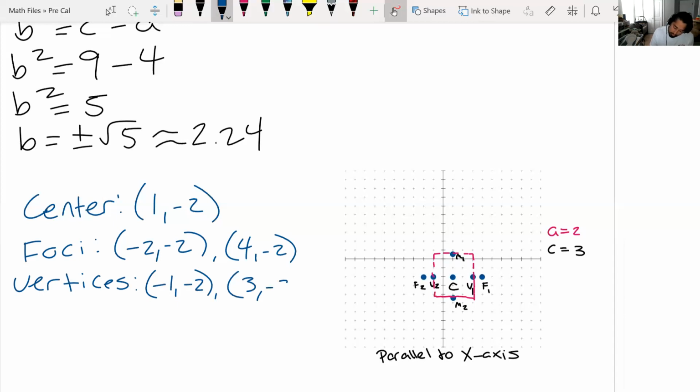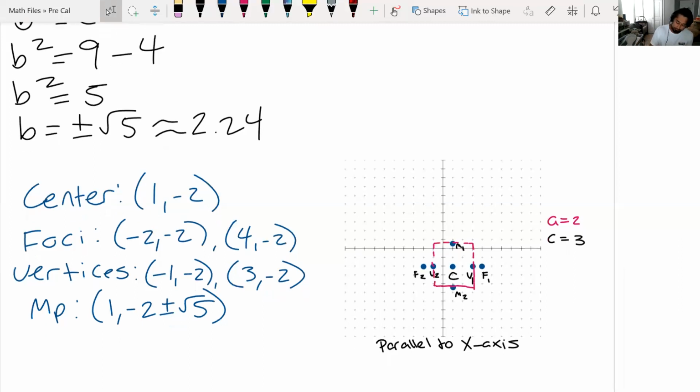And then my minor points were given at 1 and -2 plus or minus the square root of 5. But if it wants decimal, you know how to put it in decimal format now. Okay, center, foci, vertices, minor points. Next is the asymptotes.